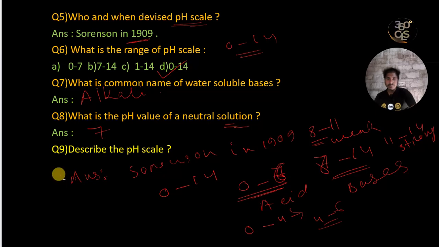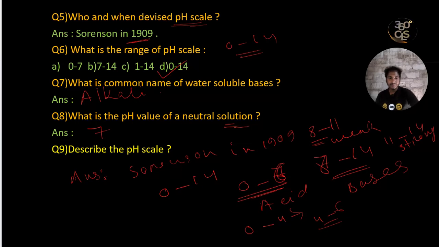So if the pH value decreases, the acidity increases, or you can say acidic behavior increases. If the pH value increases, the acidic behavior decreases, but the base's character will increase.